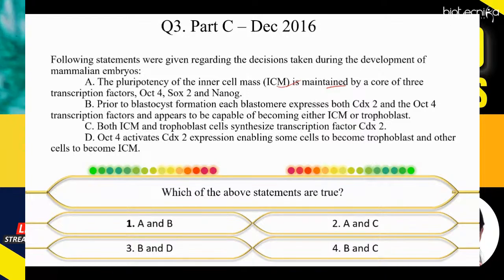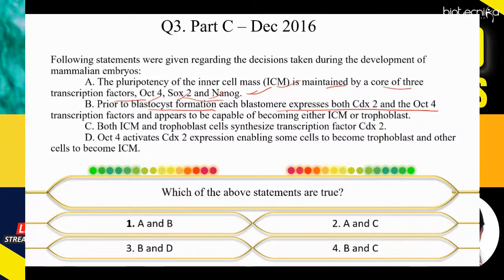The germ layers, ectoderm, mesoderm, and endoderm, all come from the inner cell mass. They are maintained by a core of 3 transcription factors: OCT4, SOX2, and nanog. So they will be expressed. And prior to blastocyst formation, each blastomere expresses both CDX2 and OCT4 transcription factors. So even this is correct, because before blastocyst formation, OCT4 is a maternal transcription factor, and CDX2 too.